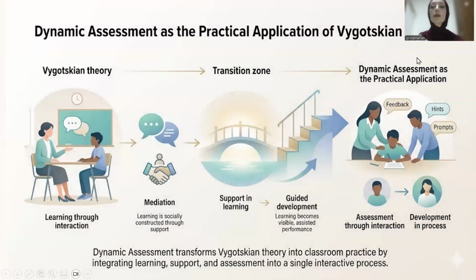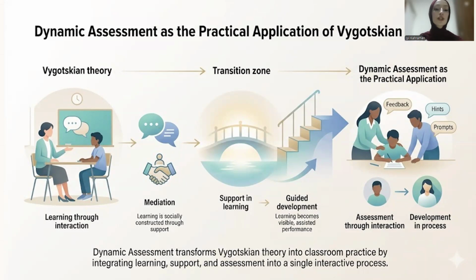And we will mention Vygotsky's theory because dynamic assessment and Vygotsky's theory cannot be separated from each other. According to Vygotsky, learning is a social process. It does not happen individually, but through interaction with others.